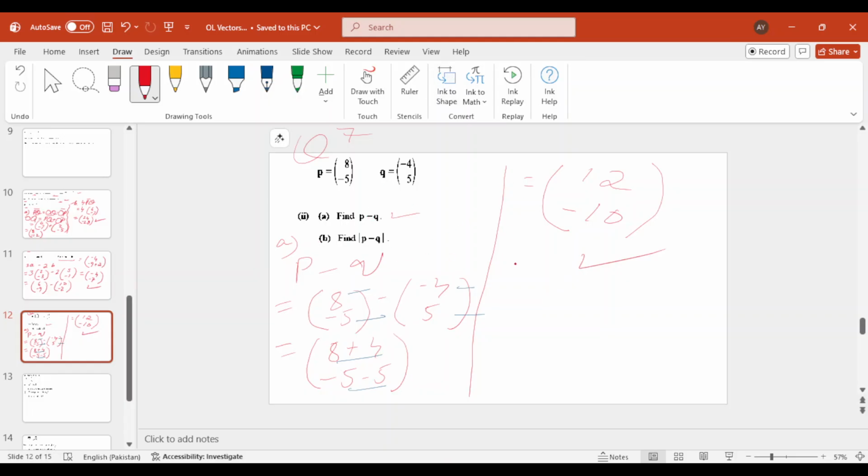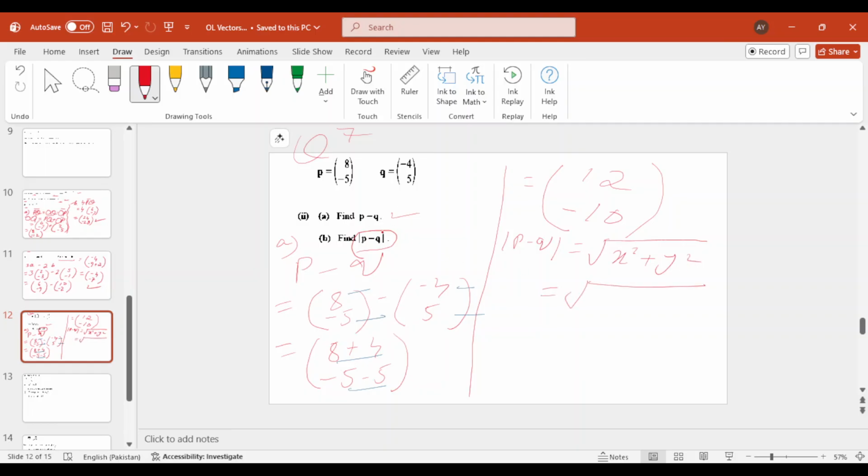Now we have to find the magnitude of this vector. Whenever we find the magnitude of a vector, we take the square root of the square of the x term plus the square of the y term.